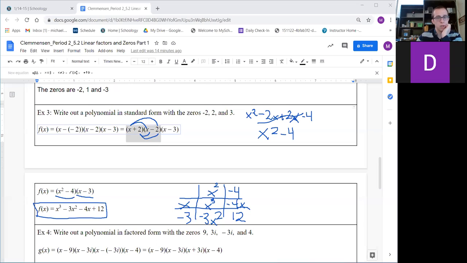So the numbers in the box can go in whatever order I want. I could have also set it up with x squared and -4 on the side, and the x and the -3 up top, just as long as they're together.